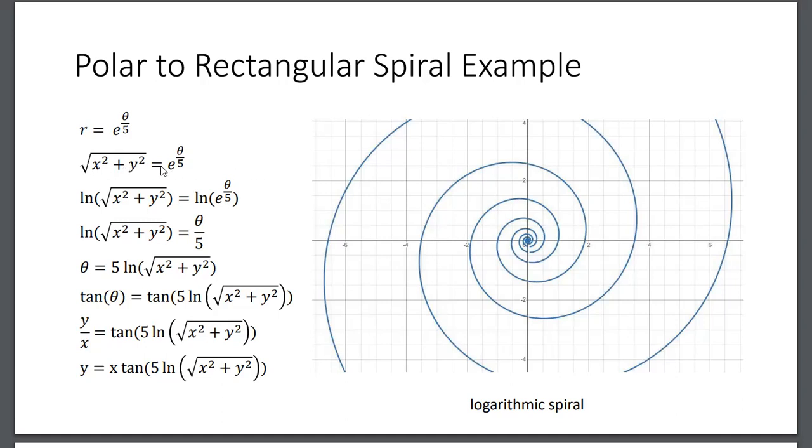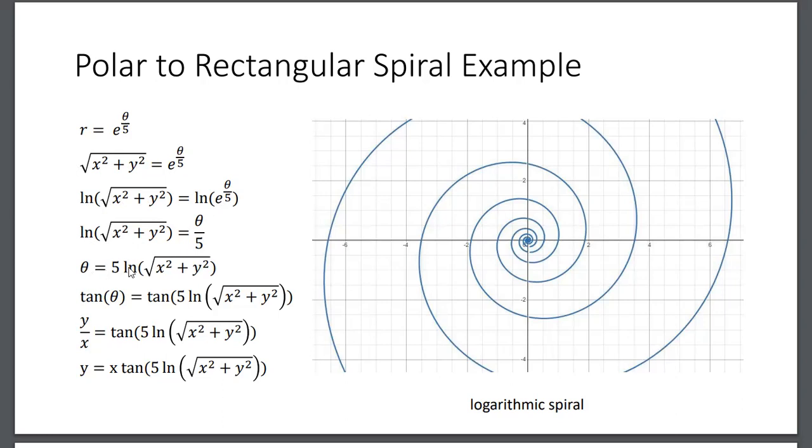Step, take the natural log of both sides of this equation, and on the right, the natural log and the exponential base e are inverses. They undo each other, so you just get theta over 5. The exponent is the result of the right-hand side. Multiply both sides by 5 and swap sides.